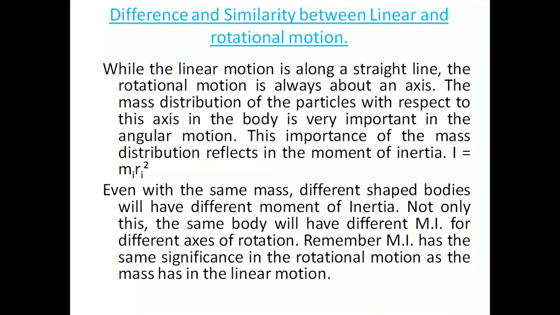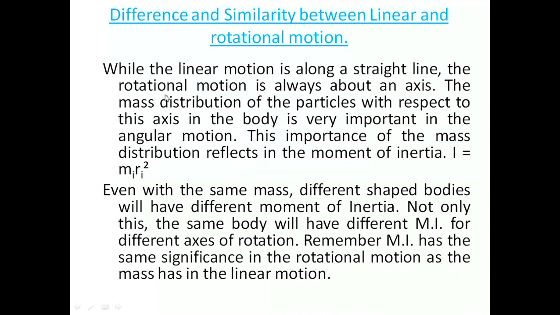The difference and similarity between linear and rotational motion. While the linear motion is along a straight line, the rotational motion is always about an axis. In the linear motion, all the particles of the body move along straight lines, in fact along parallel straight lines.